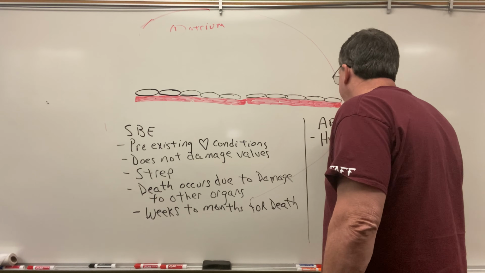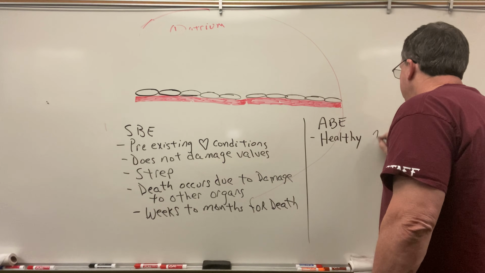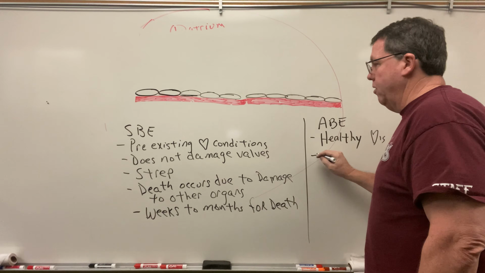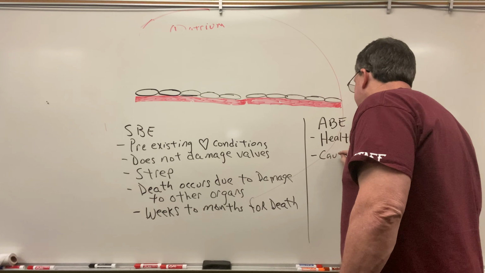This can occur in healthy hearts. It can also occur if they have something going wrong, but for the most part, it can occur in healthy hearts. This says it does not damage valves. This causes valve damage.